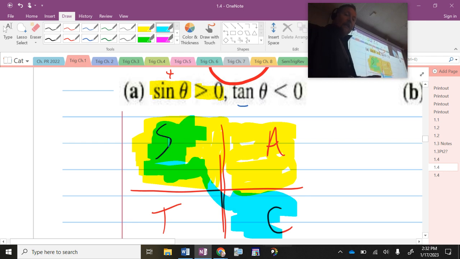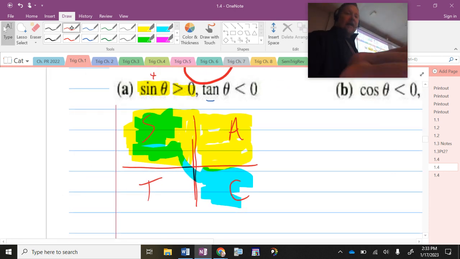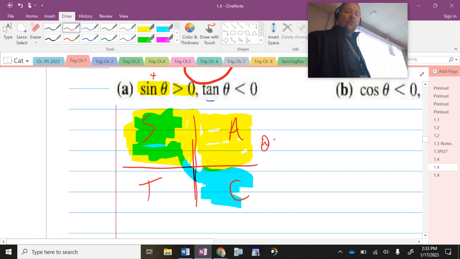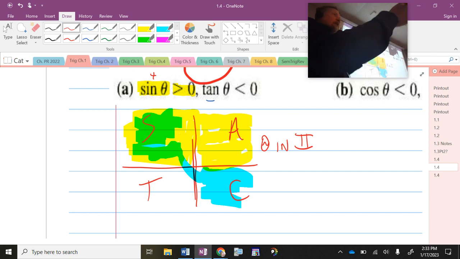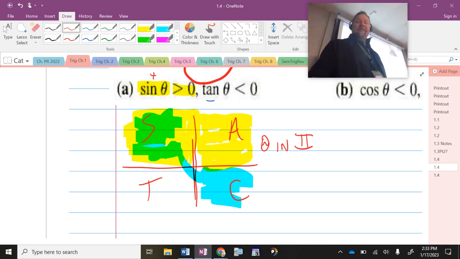Yellow and blue make what? For both of these to be true, where does theta have to be? Quadrant 2. For both of them to be satisfied. So that's what this kind of question is trying to get you to understand. That's the whole question. You don't even get to find what theta is.